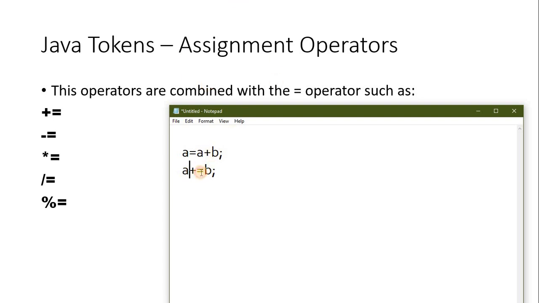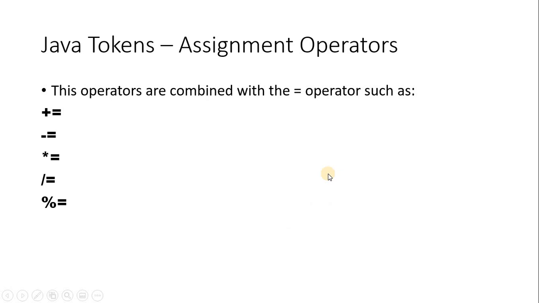Instead of writing A equal to A plus B, we can write the short form using the assignment operator, A plus equals B. In the same way we can also do it for minus equal, star equal, divide equal and modulus equal. Okay, this is the assignment operator.